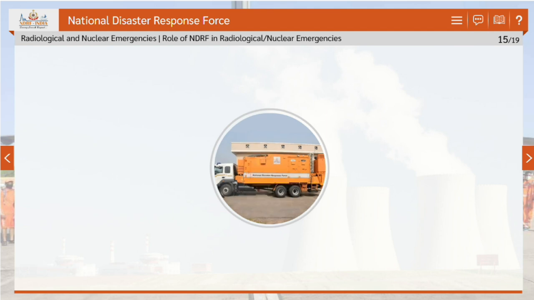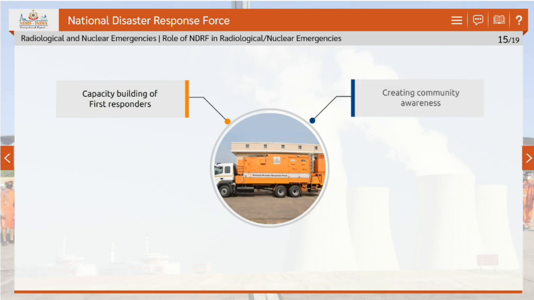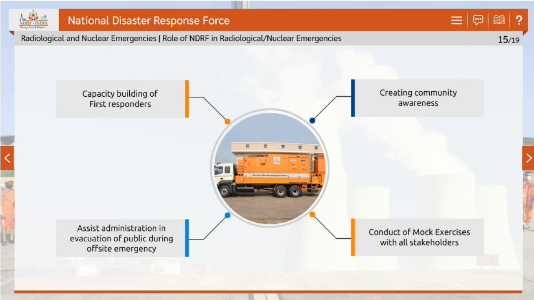The NDRF's role in nuclear radiological emergencies is pivotal, starting with intensive capacity building for first responders, equipping them with specialized skills. It prioritizes community awareness, ensuring civilians are informed and prepared. Conducting joint mock exercises enhances coordination among stakeholders for a more effective response. When off-site emergencies demand immediate action, the NDRF assists in the orderly evacuation of the public, ensuring safety.